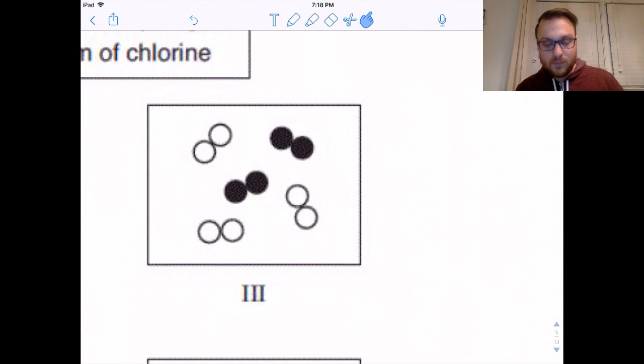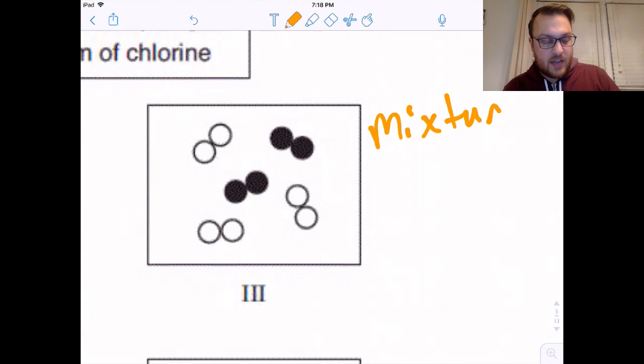All right. If you look at this particle diagram, first thing I would say is that this is a mixture because you see 2 different things separated from each other.